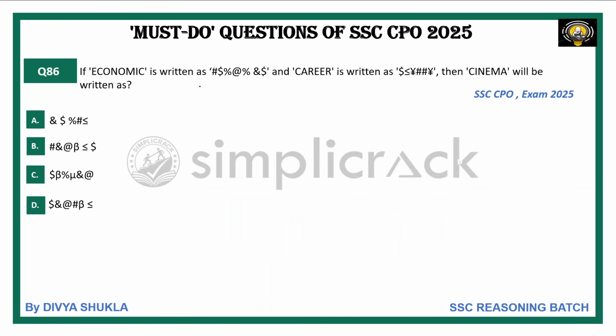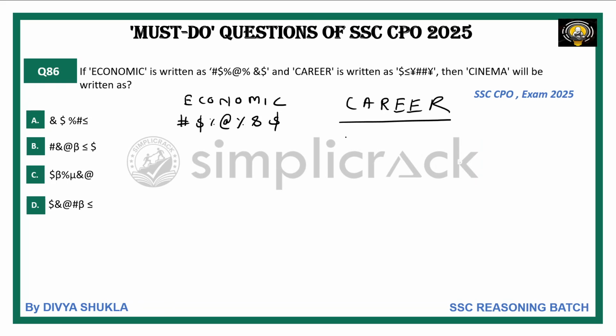Now, if economic is coded as hash, dollar, percentage, at the rate, percentage, and percentage and dollar. Also, we are having carrier.